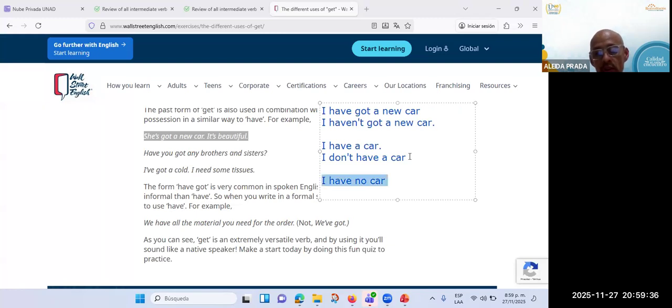Usted puede decir la oración y efectivamente hay muchas personas nativas que la dicen. I have no car. Pero esto hace parte del lenguaje informal y más que todo es de la parte de speaking, de habla. O sea, cuando están hablando lo pueden decir. Cuando están escribiendo, no. ¿Ok? Cuando están escribiendo ya usted tiene que decir I don't have.